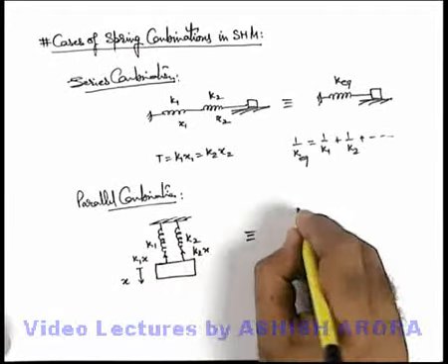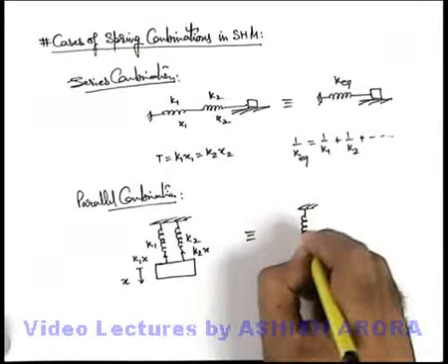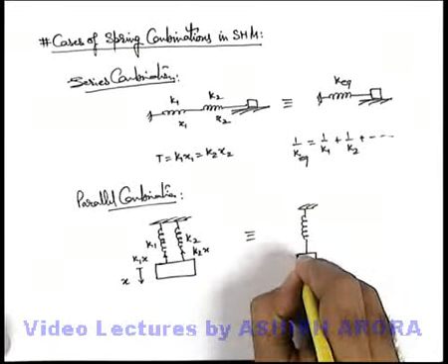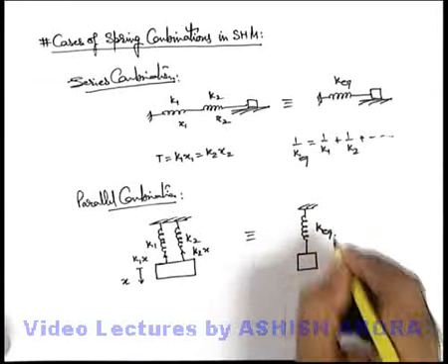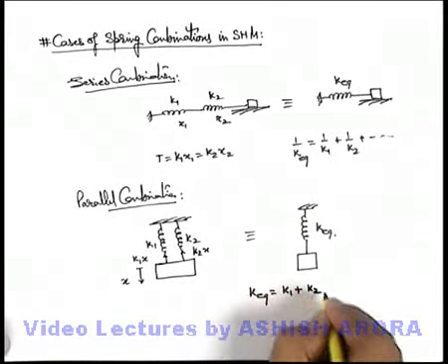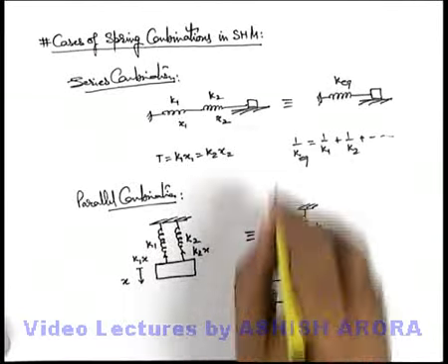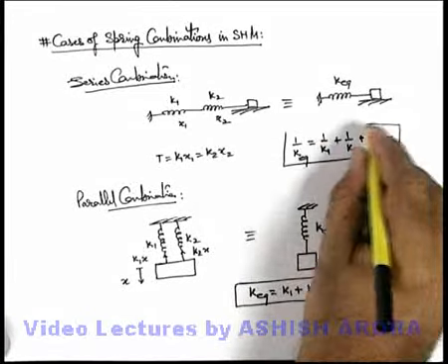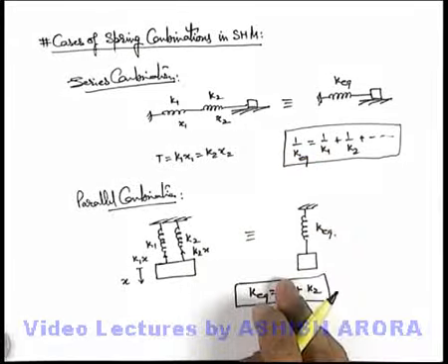So if this system is replaced by an equivalent spring, the equivalent force constant is directly given by the sum of the two force constants of the springs, which is the result we use for series combination of resistances.